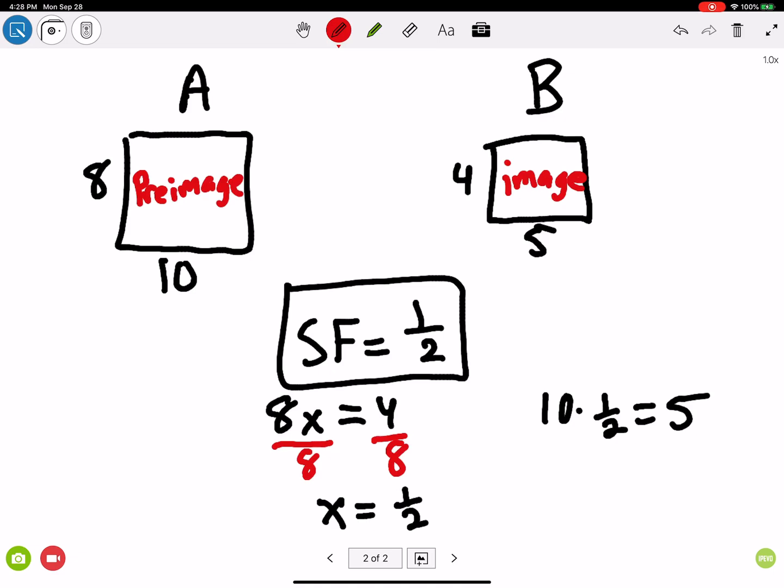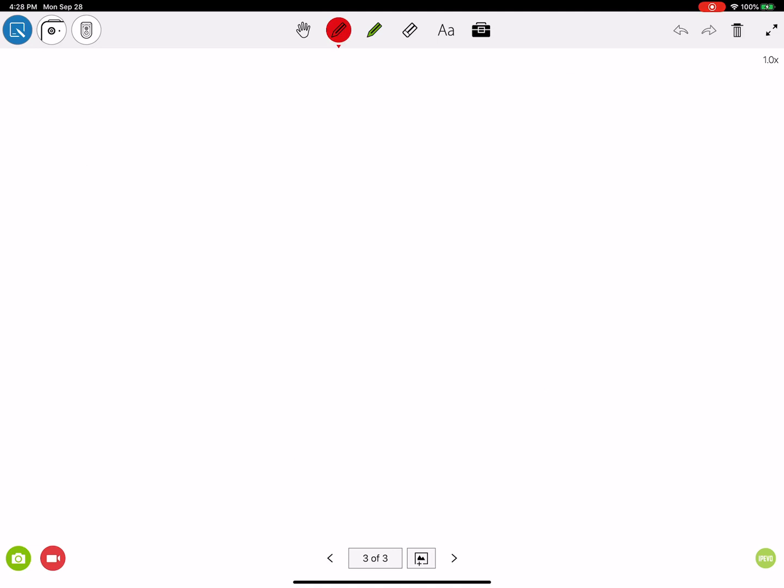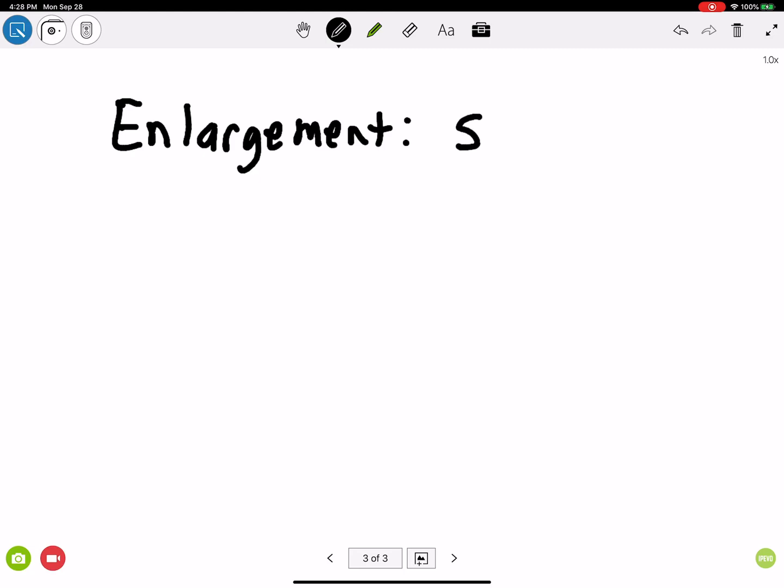What did we figure out when we did this? Well, we figured out that if we want to make something larger, or do an enlargement, then your scale factor has to be greater than 1. Can it equal 1? No.